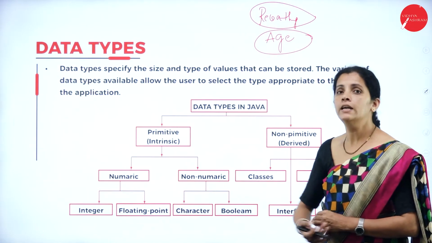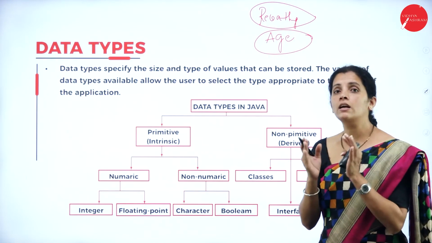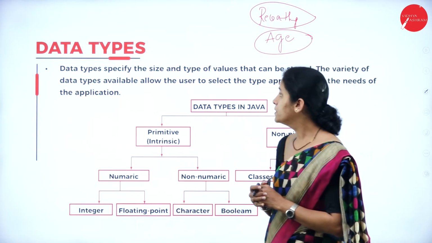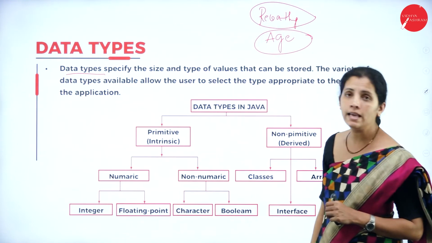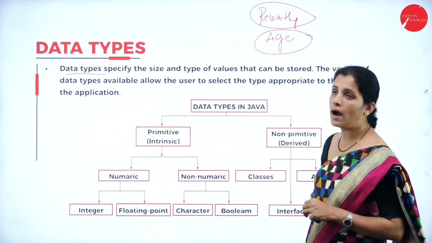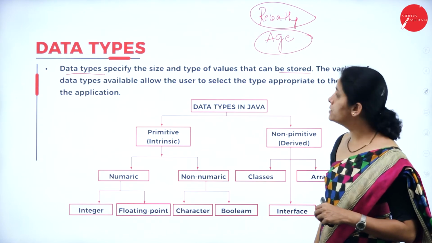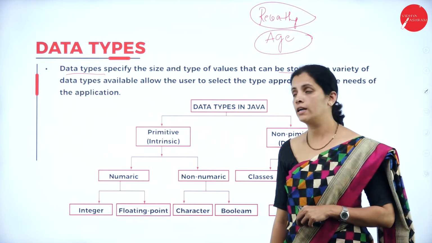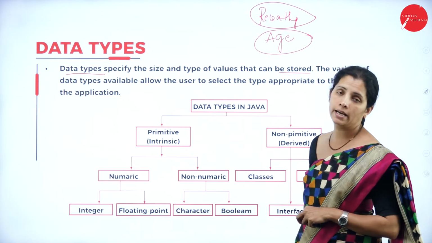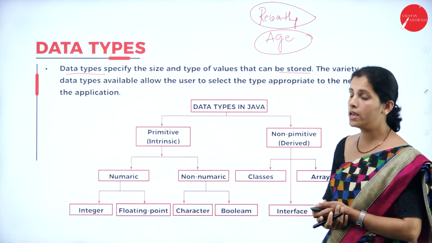So, data types specify the size and type of values that can be stored. It's mainly used to specify what size of data and what type of data can be stored in the memory.